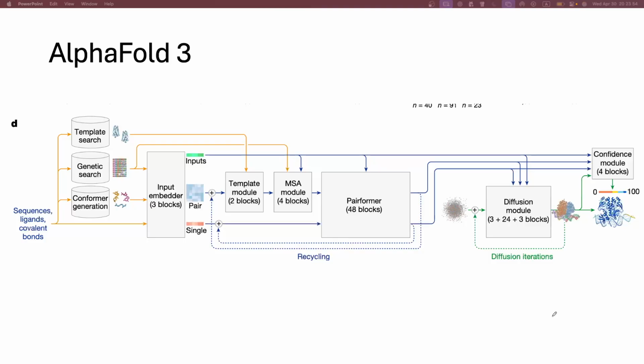That part's cool to me. Before we were using gradient descent. Here we're using a diffusion model instead of gradient descent.